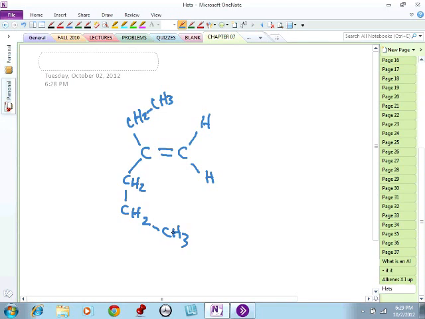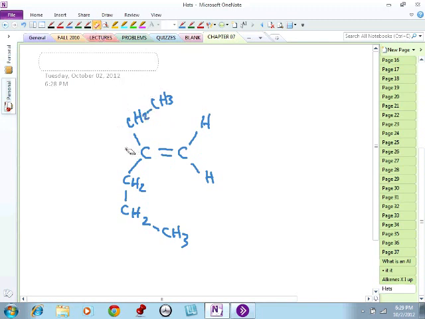Okay, the first question is, what is the longest carbon chain? Is it 6? Where do you start counting? Okay, I'm not saying you are right. Let us see whether that is correct. Okay, we start counting from here. 1, 2, 3, right? Where do we go? But keep in mind, we have to include the carbon-carbon double bond. So therefore, that will not work. Okay, start from here. Okay, good. Very good.